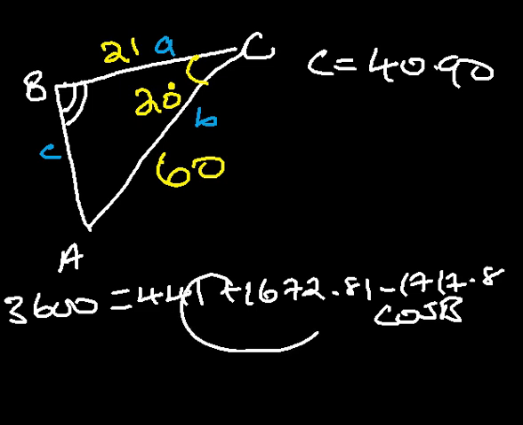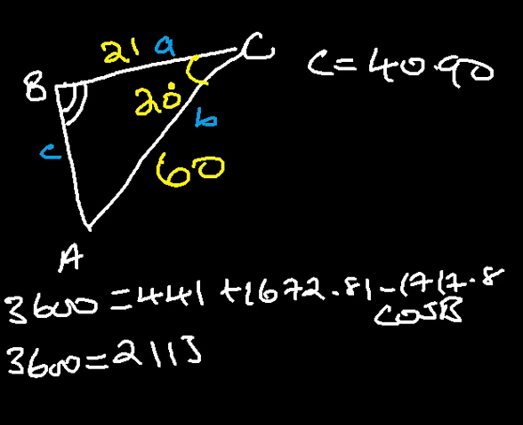Then we'll have the summation of these two values, 441 plus 1672.81, which gives 2113.81, minus 1717.8 times cos B, equal to 3,600.